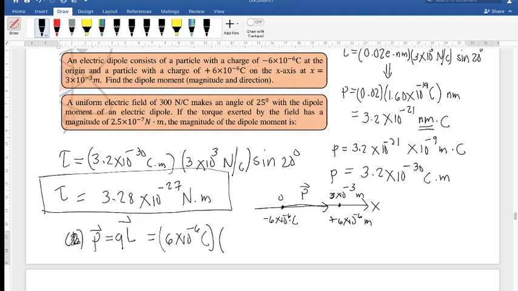Your L is a vector quantity, the distance pointing from negative to positive, so it has the same direction as P. So what is your L? That is 3 times 10 to the negative 3 meters i hat, since it is along the positive x direction. Now I just have to calculate this.